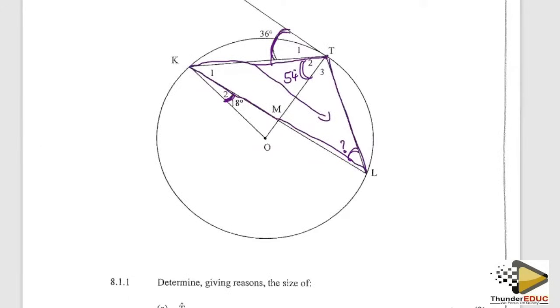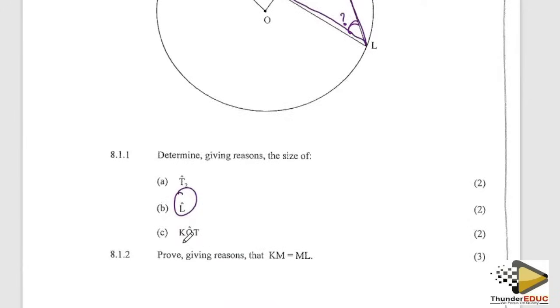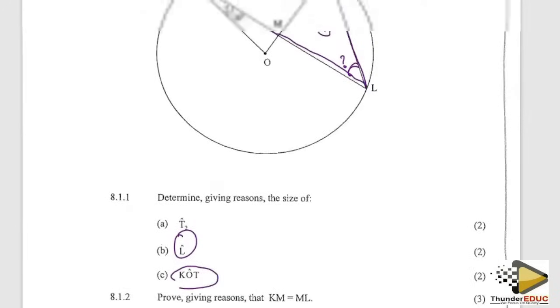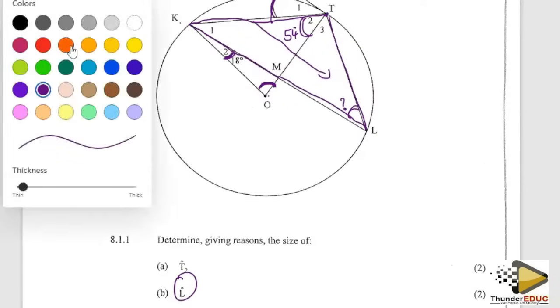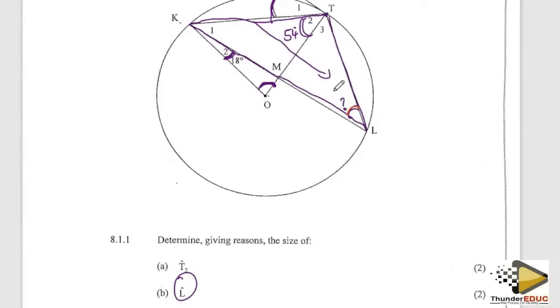And then with C, they want me to get the angle KOT. So this angle here. One thing I'm seeing, I don't want to overthink, is that this 36 is at the circumference, and this KOT is at the center.